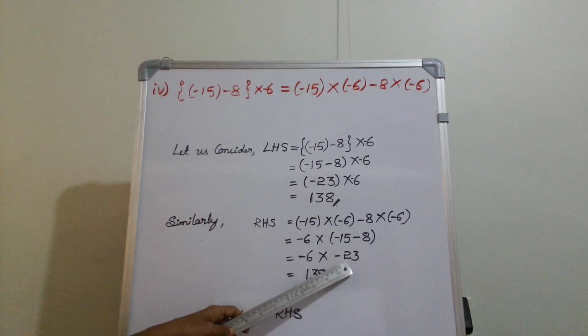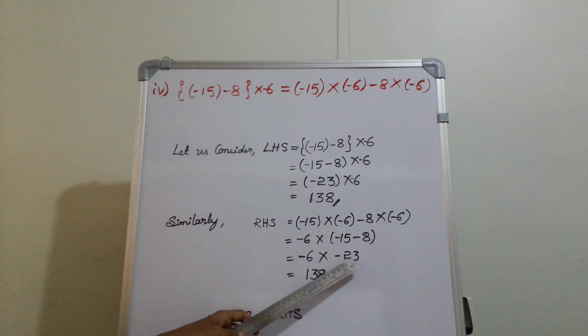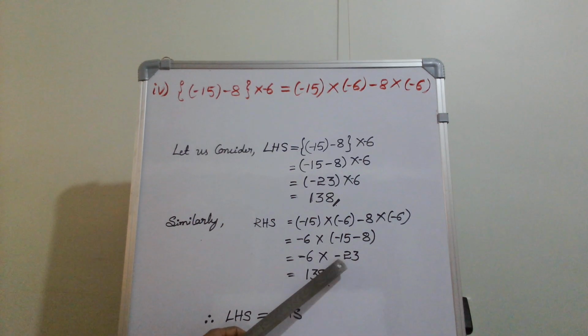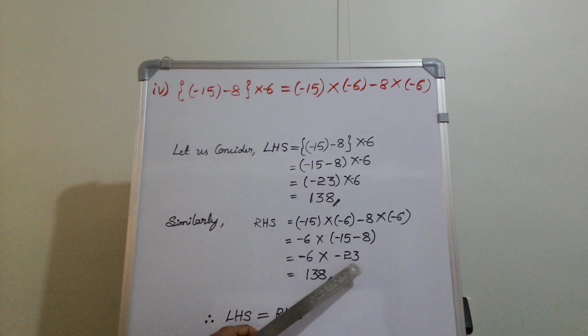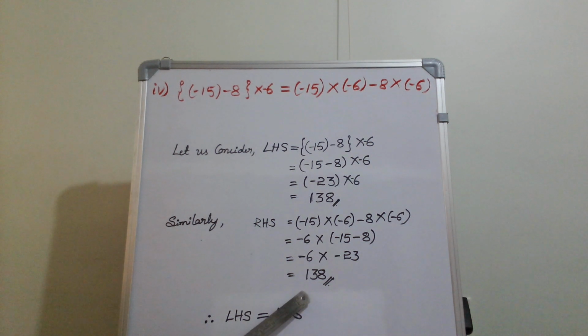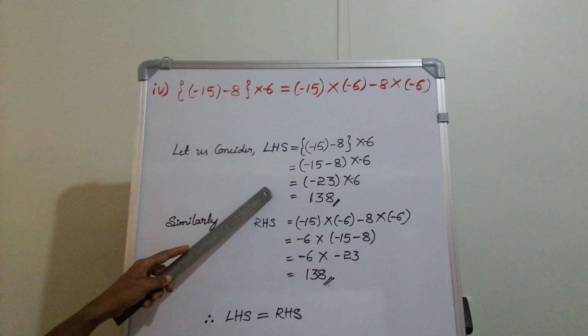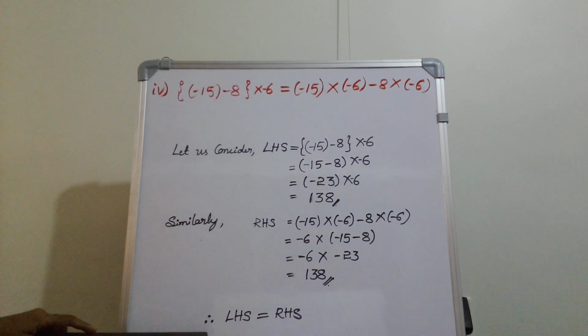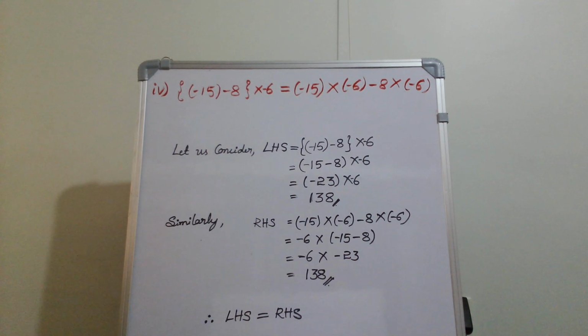So it will be 23. So minus 6 into minus 23. Here minus into minus will be plus. So 6 into 23 will be 138. So both LHS and RHS have got the same answer. So the LHS is equal to RHS. Hence the problem is verified. Understand?